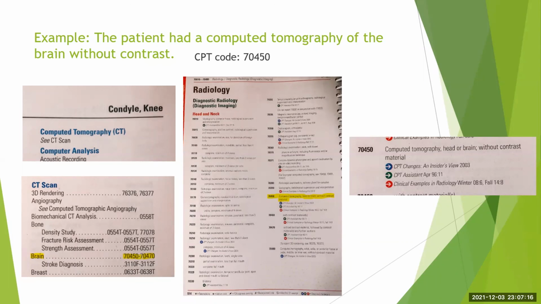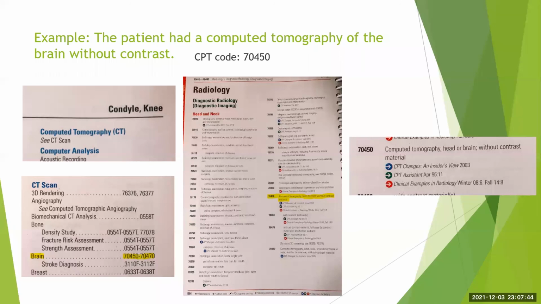Example, the patient had a computed tomography of the brain without contrast. So the answer is going to be 70450. On the left-hand side of the screen, the very top picture where it says computed tomography CT, and then it says CT scan, that is the very first thing I looked for in the index.